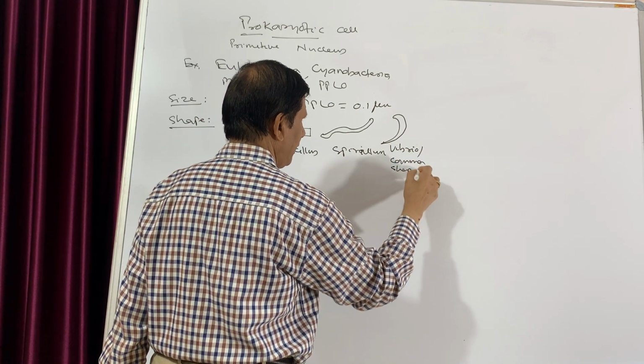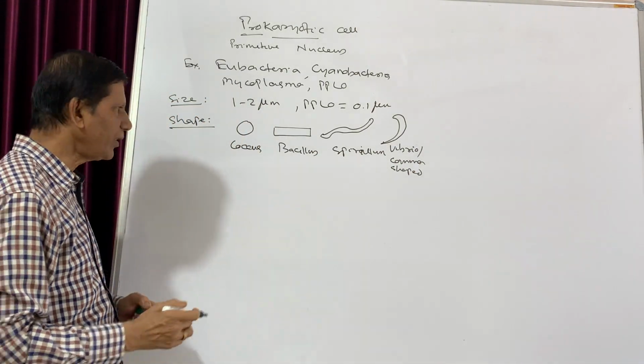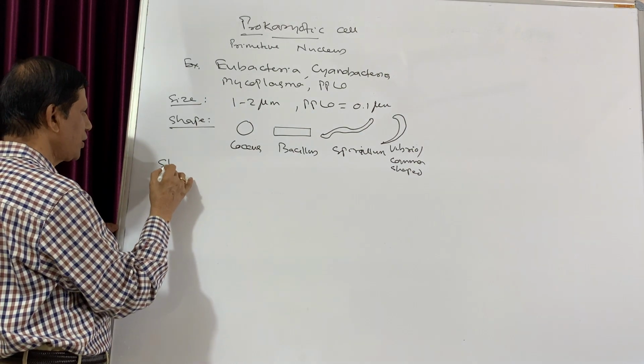These are the different types of shapes present in bacteria. These are the common types. Then next we will discuss the structure.